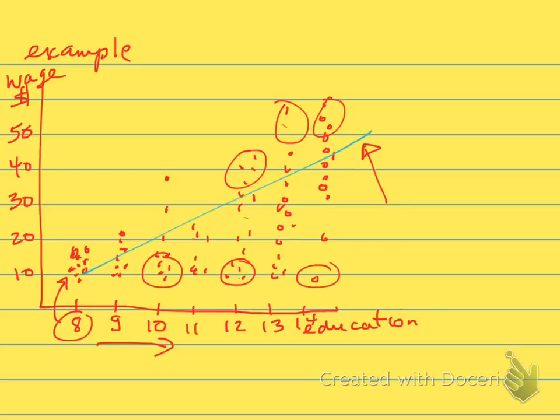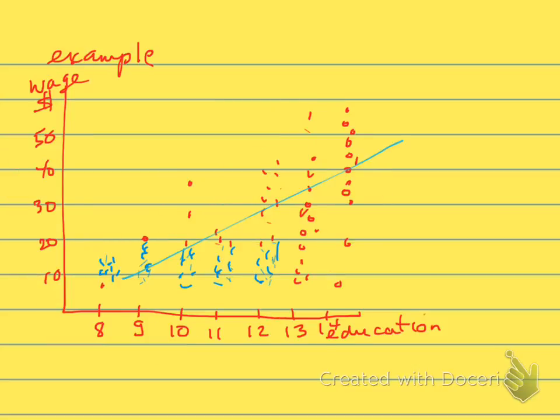Now let's suppose, though, that what happens in the world is that I've recolored the people who have low levels of education and low wages. I've colored them in blue, so there are these observations here on the bottom.